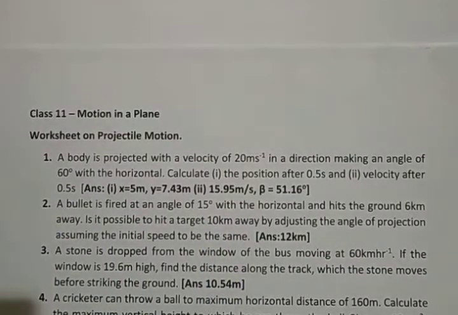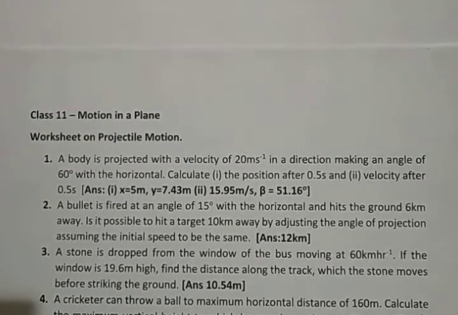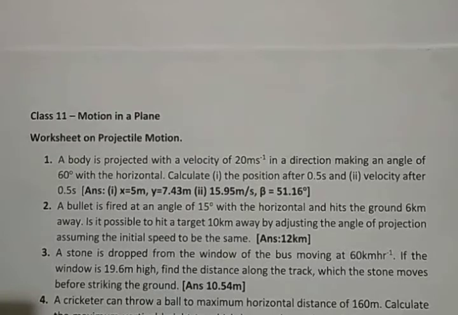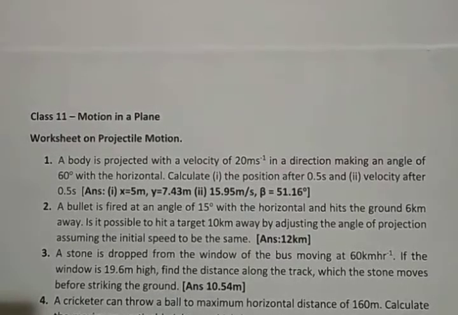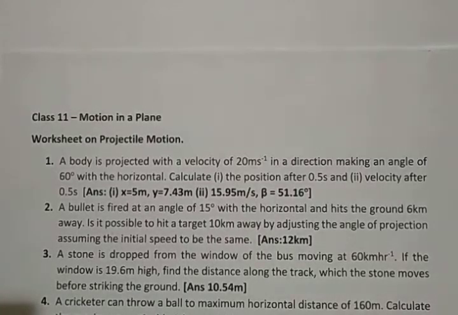First of all, whenever you see a question, you need to figure out which part of projectile motion it is, because there are 3 varieties of projectile motion possible. The first is a body projected horizontally from the top, so it is dropped here, with velocity u given here.